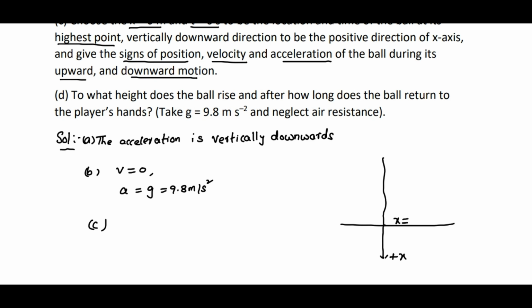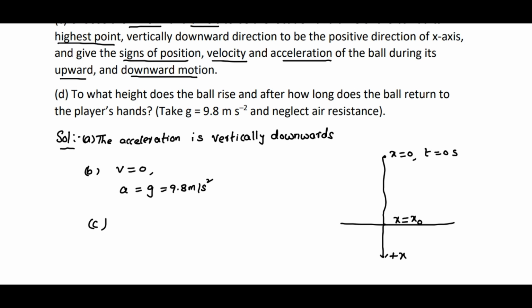Here suppose x is equal to x0 initial position, and at the highest point x is equal to 0 and t is equal to 0. T is equal to 0 second, x is equal to 0 meter as given in C. Now we need to write the signs of position, velocity and acceleration of the ball during its upward and downward motion.